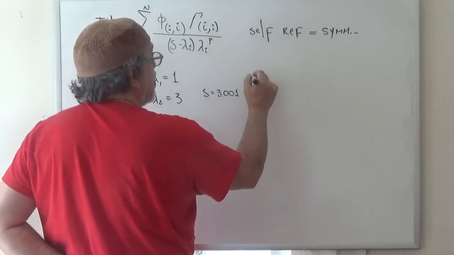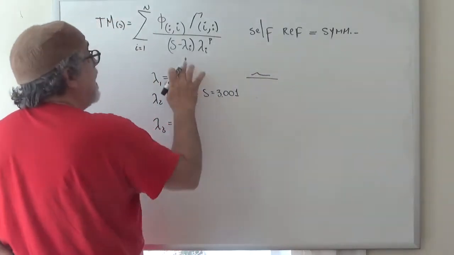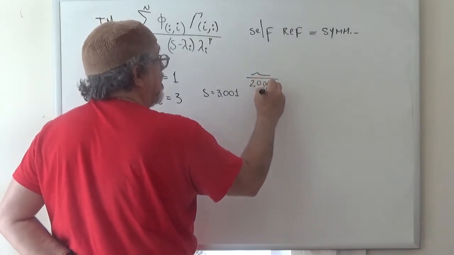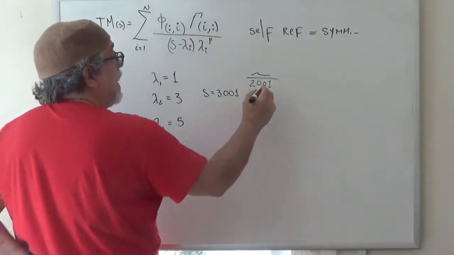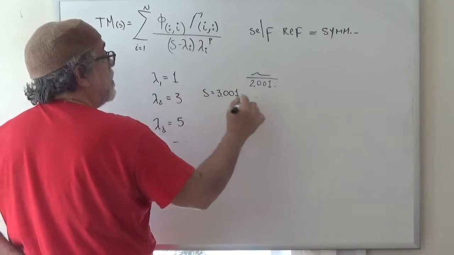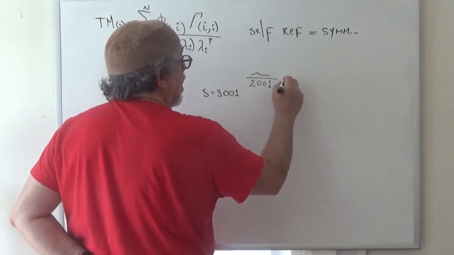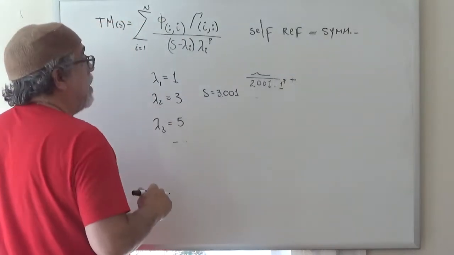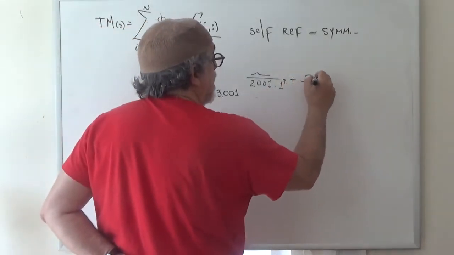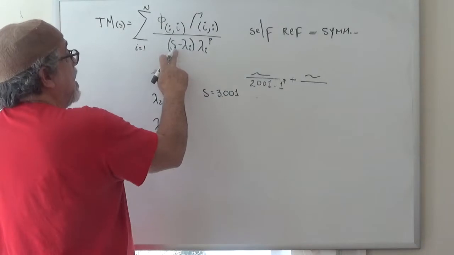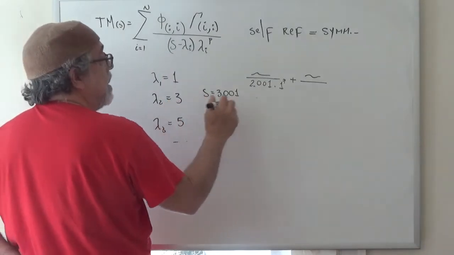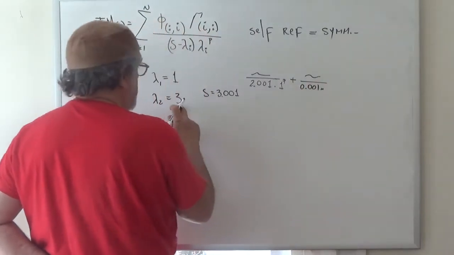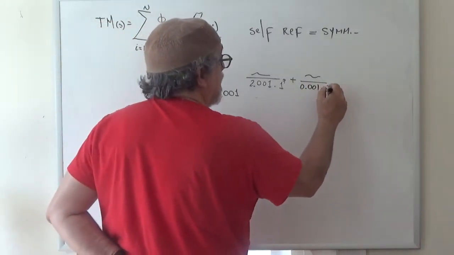So for the first term, I have whatever divided by S minus this, that would be 2.001, right? Times lambda 1 to the p. Plus the second term, which is whatever, and then I have 3.001 minus 3 is 0.001 times lambda 2 to the p.